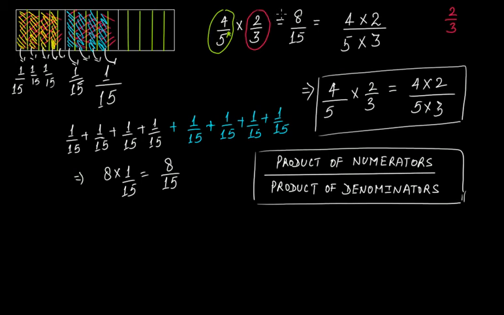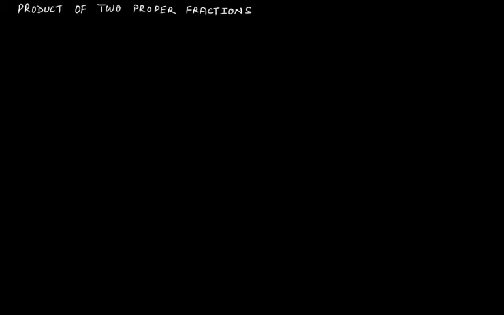I'm just leaving it for you, okay, because the statement I'm going to write now is that whenever you multiply two proper fractions, in every case till now, the final outcome, whatever the final answer will be, will be less than both the proper fractions.